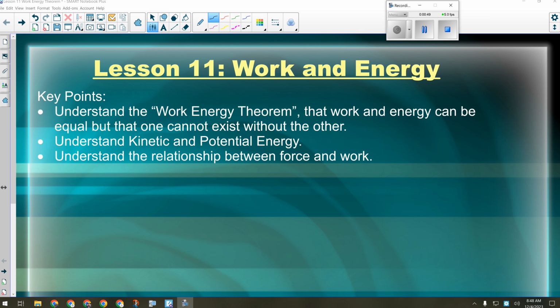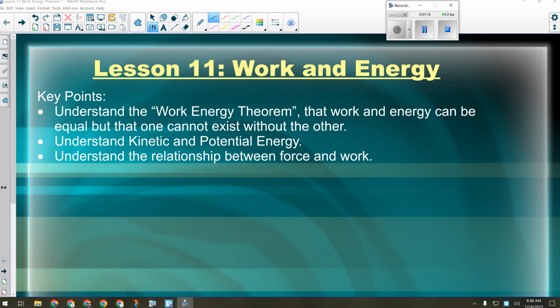Mechanical energy is the sum total of an object's kinetic and potential energy. Kinetic energy has to do with how fast you're going, and potential energy has to do with either your position, that is above the ground, or your condition, that is if you're elastic in nature, you are stretched or compressed and have the potential to go back to a different shape.